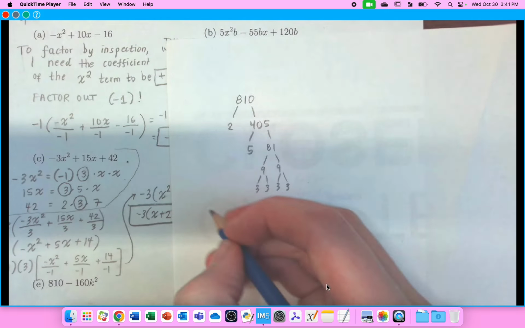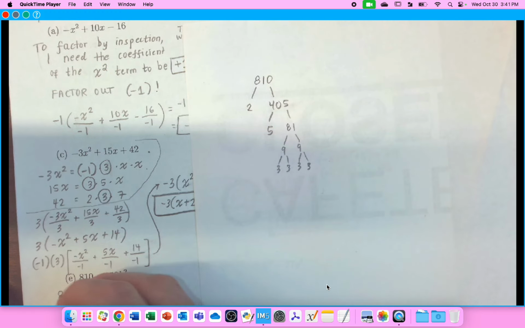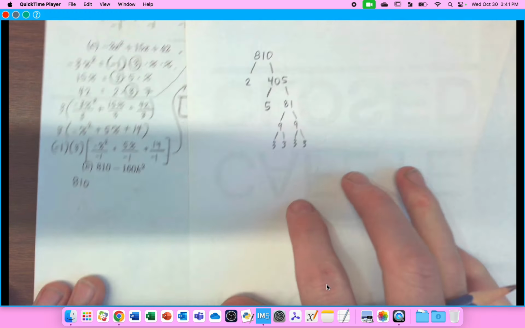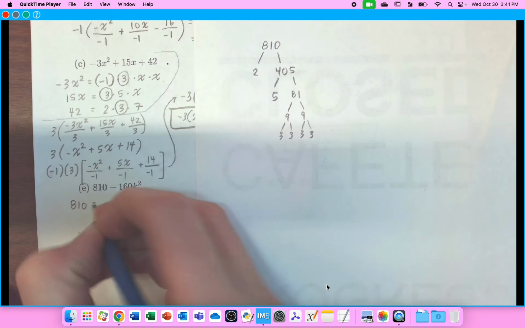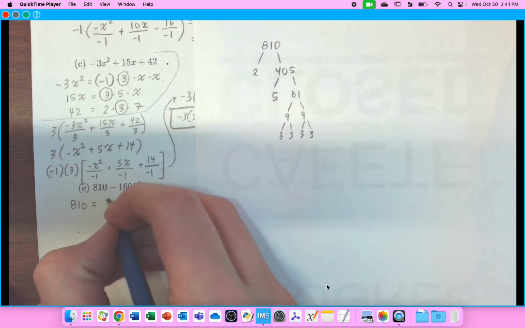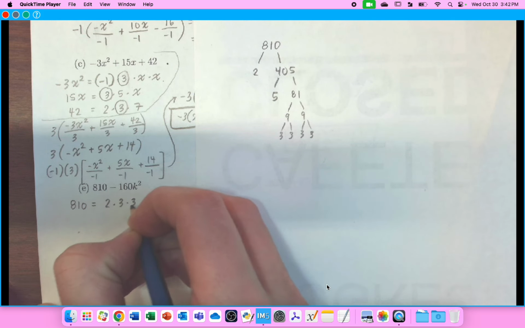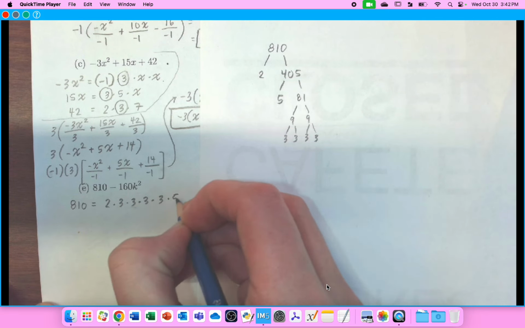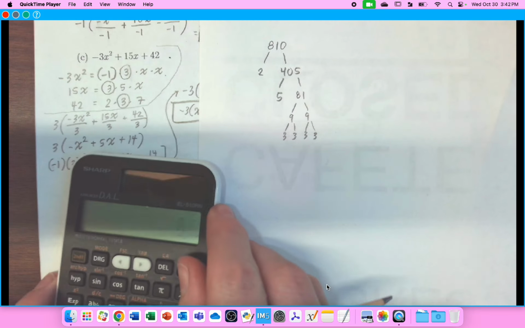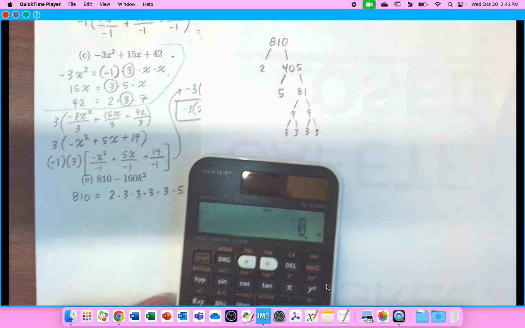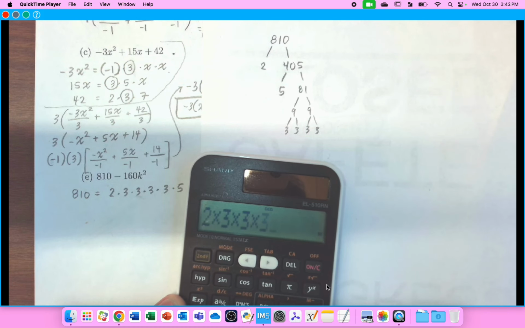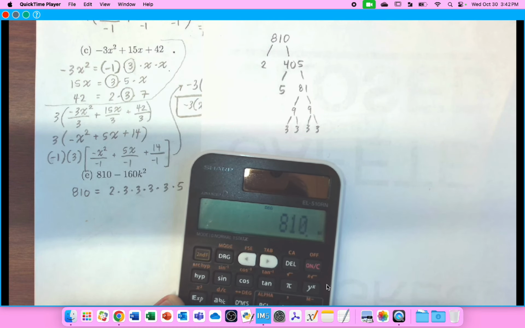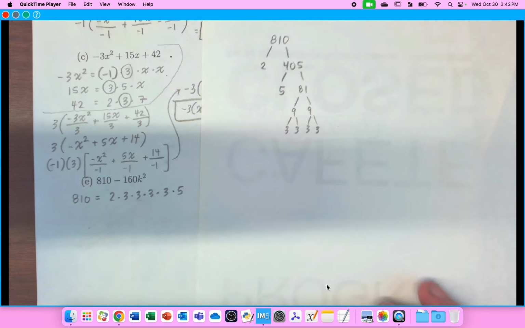So 810 equals, I'm just going to double check, 2 times 3 times 3 times 3 times 3 times 5. Good.